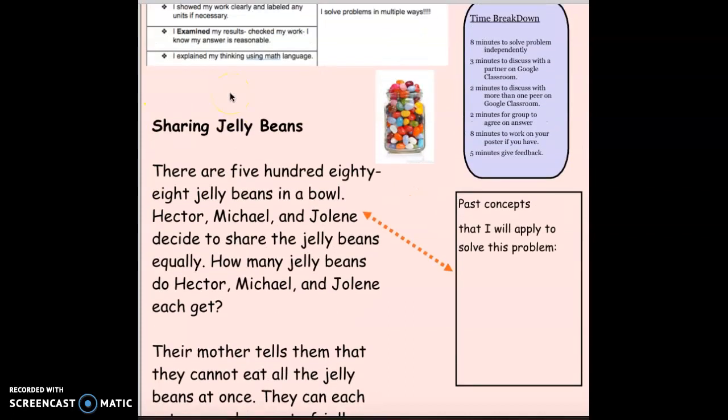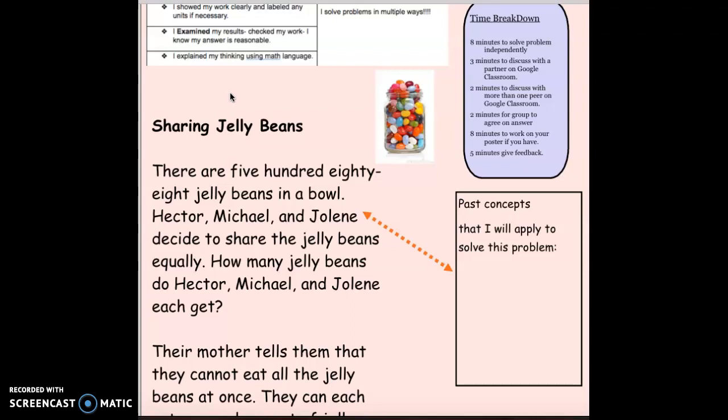Okay, so now you should have already jotted down some past concepts that will help you solve this problem. I want you to take 8 minutes. Get a timer and time yourself 8 minutes to solve this problem independently. After you've solved it independently, I want you to reach out to a partner on Google Classroom and discuss for about 3 minutes.